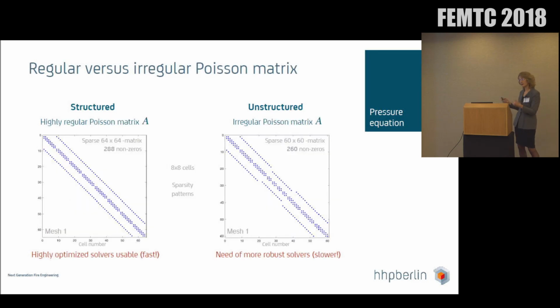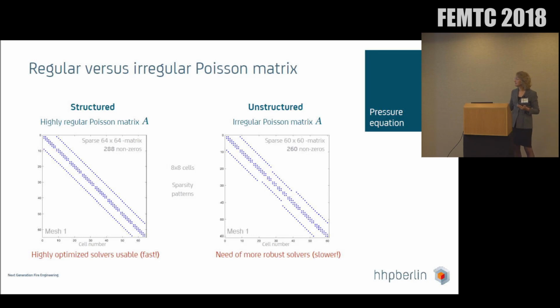Now, when we have a look at the resulting structure of the system matrices, in the structured case, our Poisson matrix has a very regular shape. It's a sparse matrix. It has only very few non-zero elements. Usually it has only 7 diagonals, but this is only a 2D case, so we only have 5 diagonals.